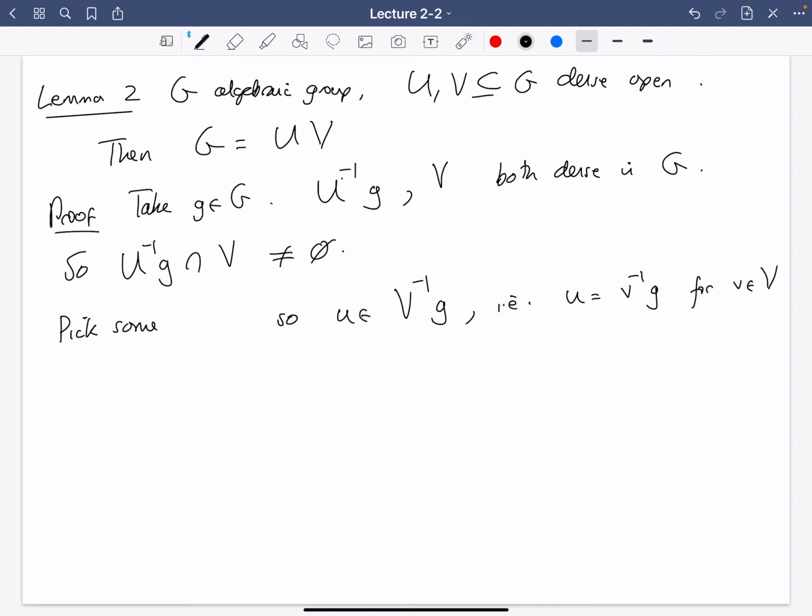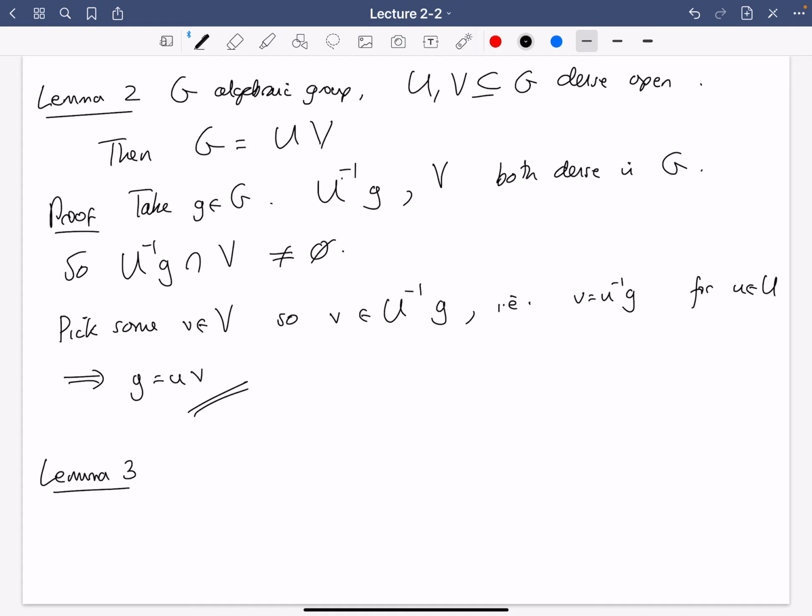So I can get some v in V so that v is in U inverse g. So what does that mean? That means that this v is a u inverse g for some u in U, and that implies that this g is uv, and okay, there we go. Okay, so other than switching U and V around, that was good. So this lemma is needed in the proof of the next one. So now let G be an algebraic group.